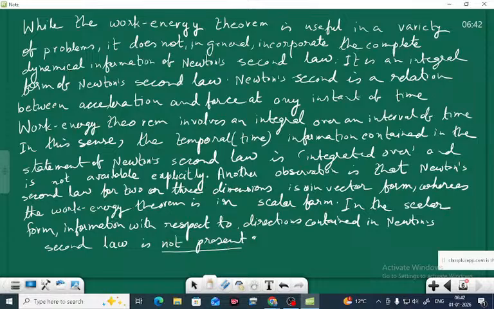In scalar form, information with respect to direction contained in Newton's second law is not present, right? Another observation is that Newton's second law for two or three dimensions is in vector form, whereas the work energy theorem is in scalar form, and that is the contradiction between the two.